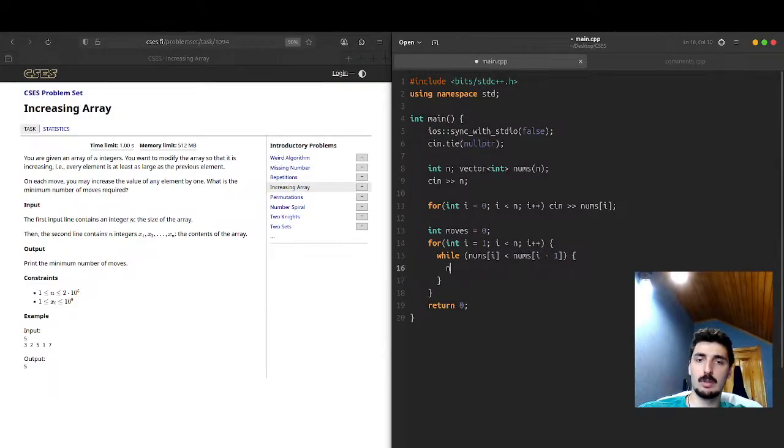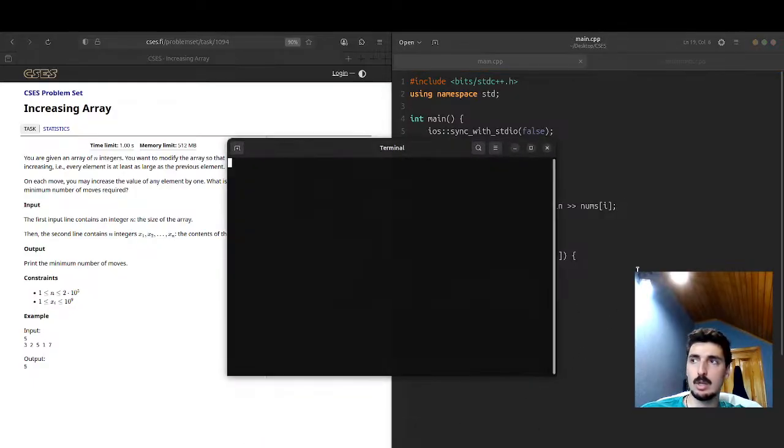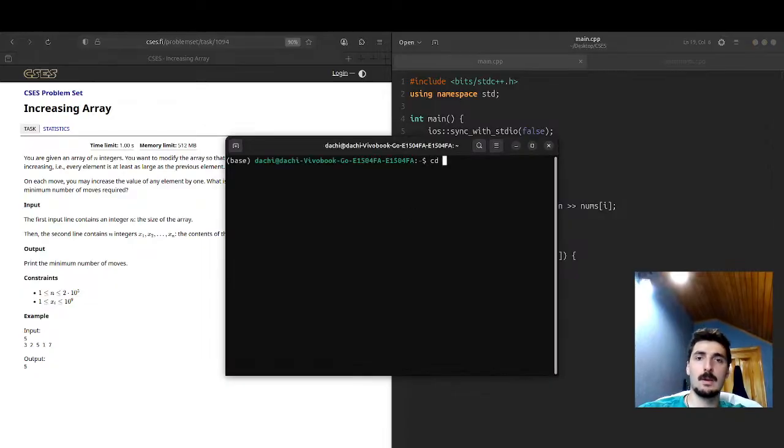The nums should increase, and the moves should also increase. And then we have to see out. This I think should run. Let me just run this locally.